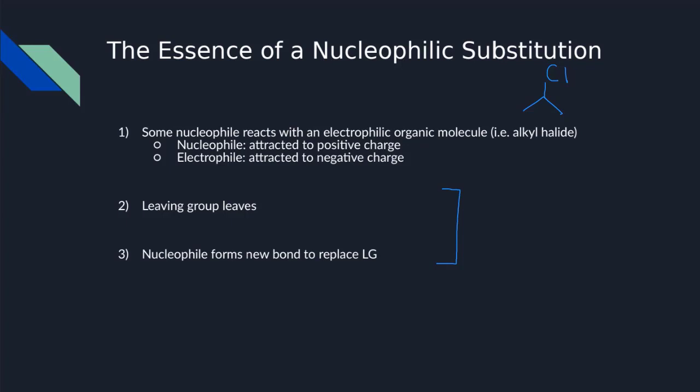We're going to see that leaving group leave, and in its place, we'll see a nucleophile form. However, this is listed as 2 reactions, but it can be either together or separate. And that really is what distinguishes our SN1 versus SN2 reactions.